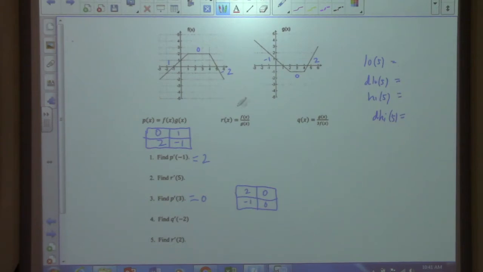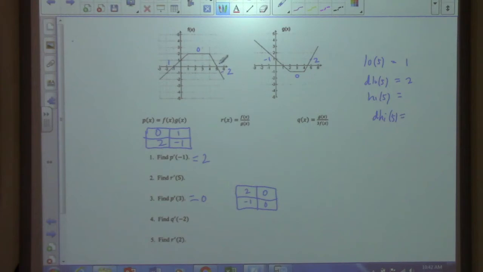Here the high is the f and the low is the g, so let's start with the low. So g of 5 is, what is g of 5? It looks like 1. g prime of 5 is 2.